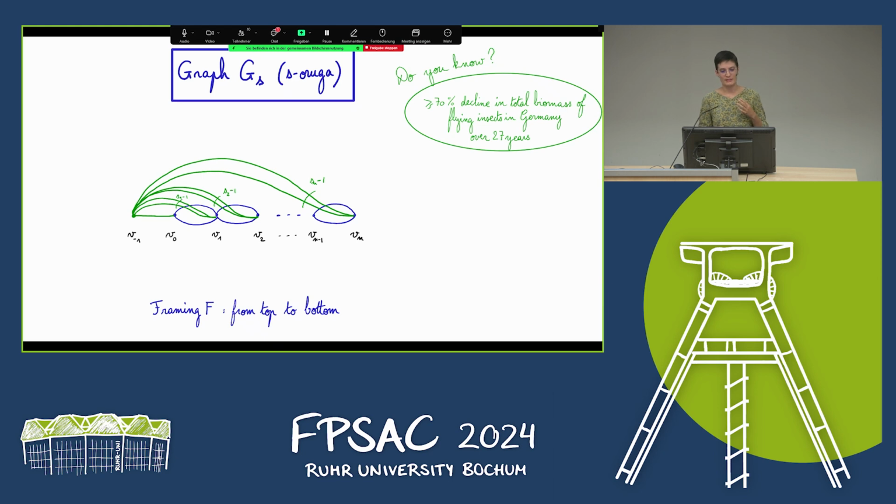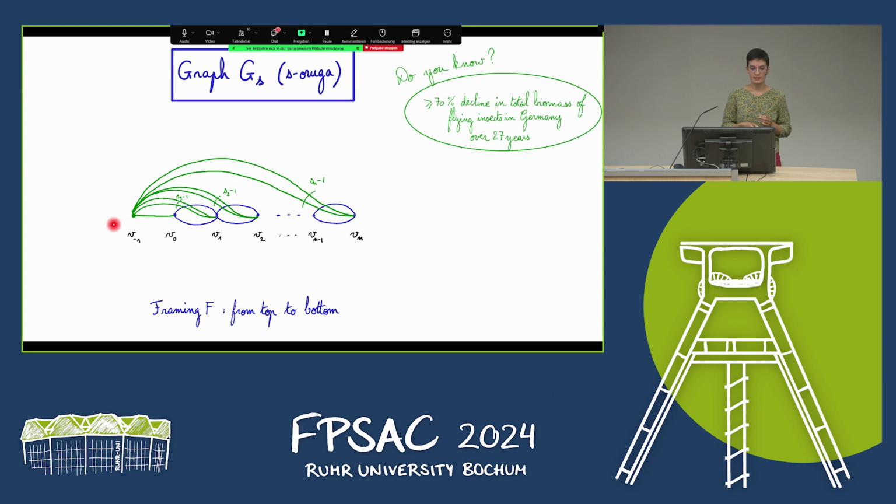So we called it the S-oruga, because oruga means caterpillar in Spanish. So it goes as follows. We have n bubbles that are made of 2 edges, top and bottom, between vertices v_{i-1} and v_i.